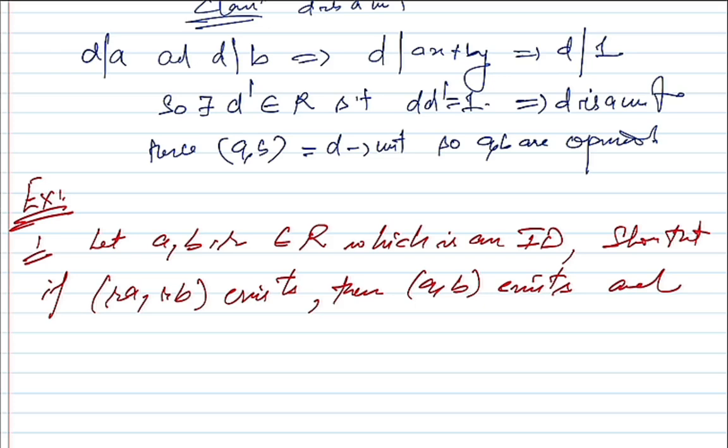And the GCD of RA, RB will be equal to R times the GCD of A, B. So that is the first exercise.